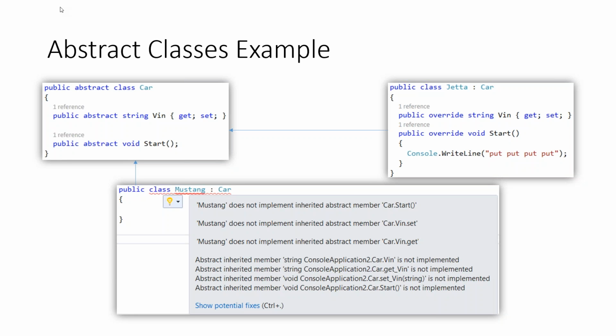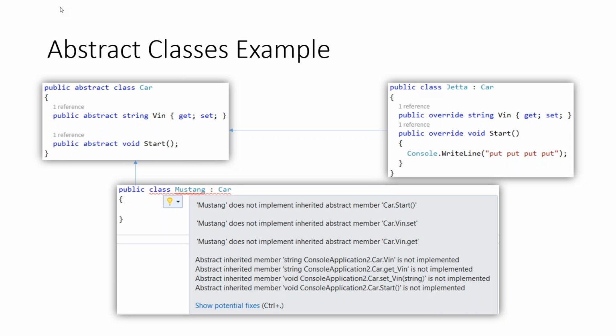You can see that we tried to break that rule in the bottom screenshot there. We said a Mustang is a car, but we did not include a start method. And the C# compiler starts yelling at us saying, hey, if a Mustang is a car, it must have the behavior start, okay? So just like on and off is an abstract concept that is implemented by things like a light switch and a bathroom faucet or a computer power button, start is our abstract behavior.